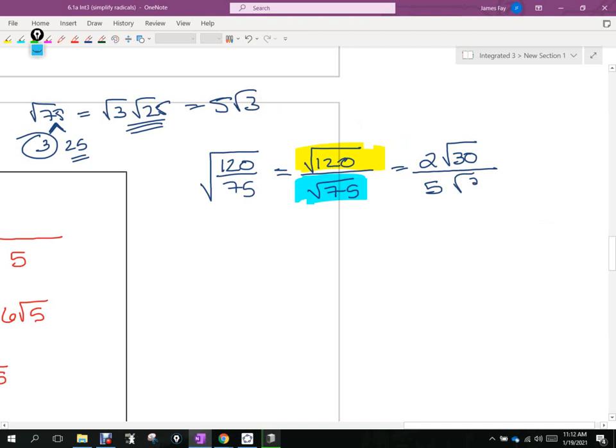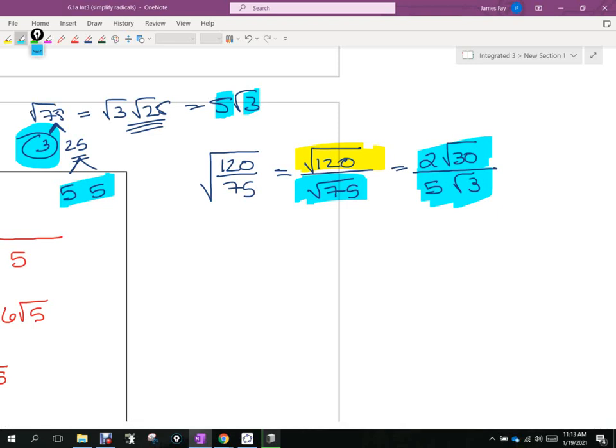So 5 radical 3. Okay? If you weren't paying attention to that, could you still take that 25, break it down to 5 and 5? There's your group of 5s that can come out in front of your radical. And this 3 doesn't have a group to go with, so it goes underneath the radical. Does that make sense? This thing here, then, is equivalent to radical 120 over 75.